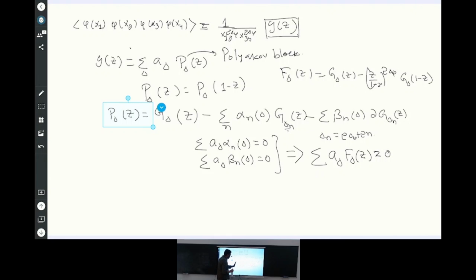Okay, so these constraints are equivalent to the crossing constraint, and we will be looking at these equations, but the subtlety was we are swapping the sum over n and the sum over delta, and this is only possible because these are infinite sums, so we have to examine carefully the tail of this sum, the large delta tail and the large n tails. And this is what they show in the paper, that if they have certain bounds, then this swapping is always allowed.